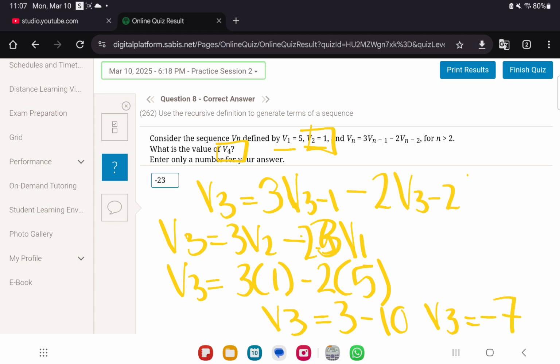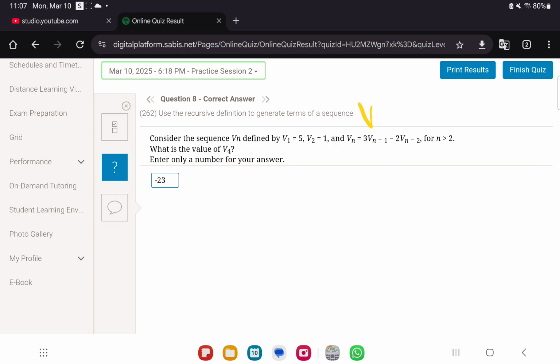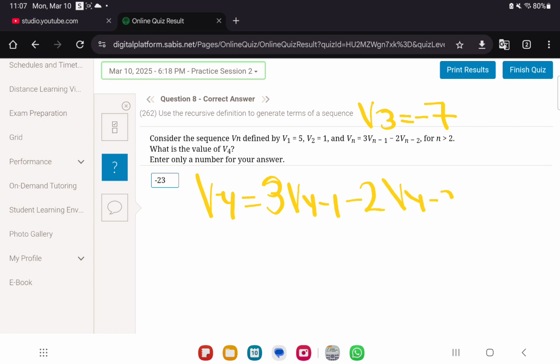Okay, now we found V3. Now we can find V4, it's not V7. So V4 equals 3 times V of 4 minus 1 minus 2 times V of 4 minus 2.